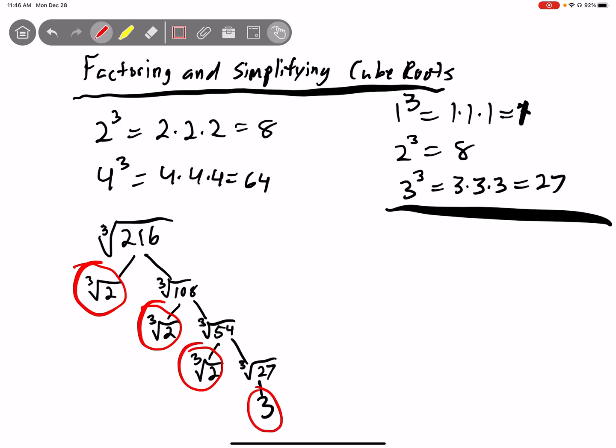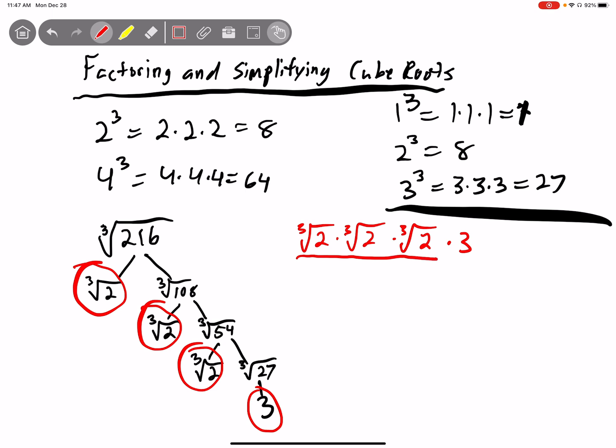Now the steps for finding cube roots are exactly the same. The only difference is, remember, because we're cubing, pairs aren't going to help us. Triplets will, though. So what does that mean? That means I need to take the cube root of 2 times the cube root of 2 times the cube root of 2 first, and multiply that by 3. So I'm going to take this section first.